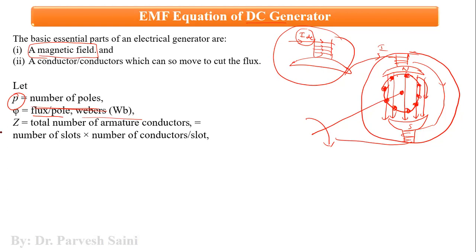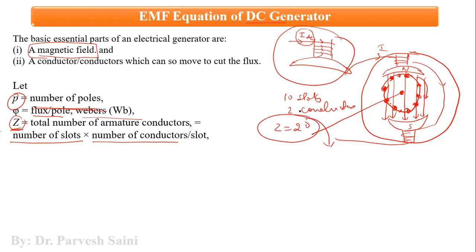So let us say that there are Z number of conductors present in the machine, placed on the armature. If we have a number of slots, then the number of conductors per slot gives you Z. For example, if we have 10 slots on this armature, and every slot has two conductors, then Z will be equal to 20.